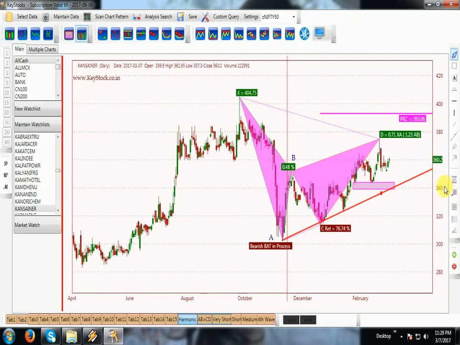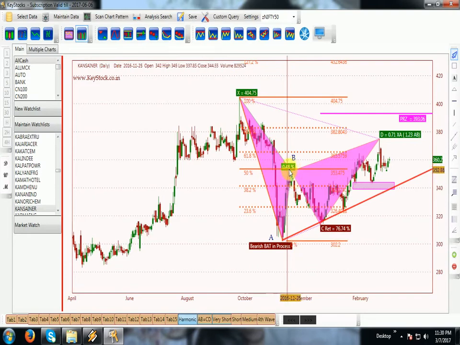How I have drawn these two triangles, I'll just show you. Firstly, I will join the point XA by Fibonacci retracement. Point B is at 50% of the XA wave. So the target would be the D point. Currently this wave made a high around 374.